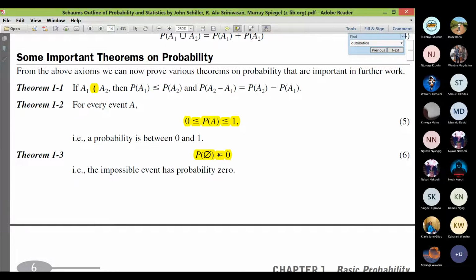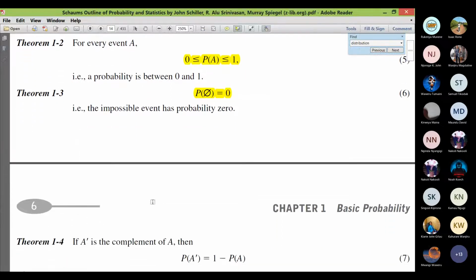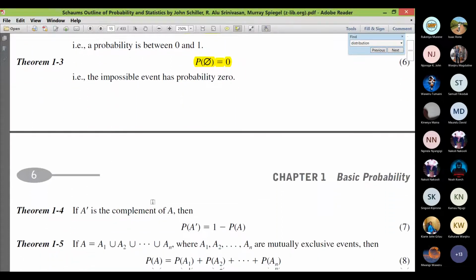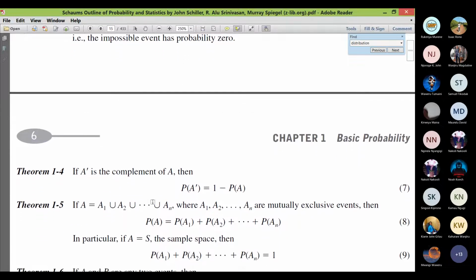So get this as your number 1. This is your number 2, number 3. There should be a number 4. I hope it is down here. Yes, in fact, it even has up to 5. That's okay. Now, let me repeat what I'm doing.